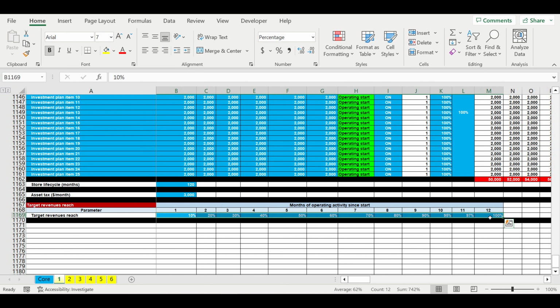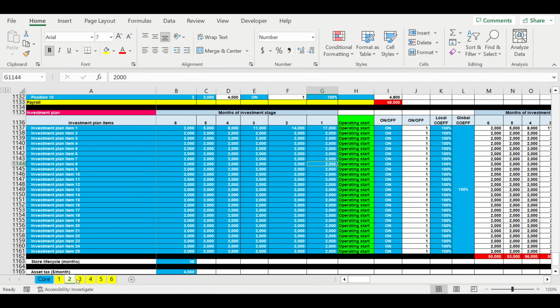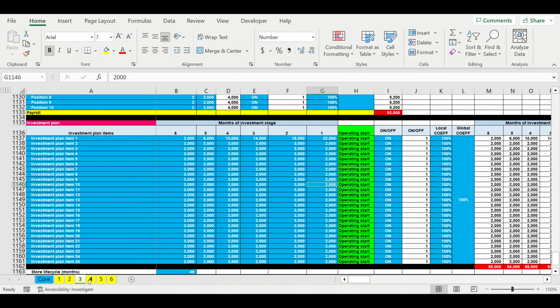So we can play with these percentages, and playing with these percentages will allow us to see if we have some operating losses that we'll have to add to the total amount of financing for our business idea. So this is a very important block of inputs. The same story happens with portrait number 2, 3, 4, 5, and 6.